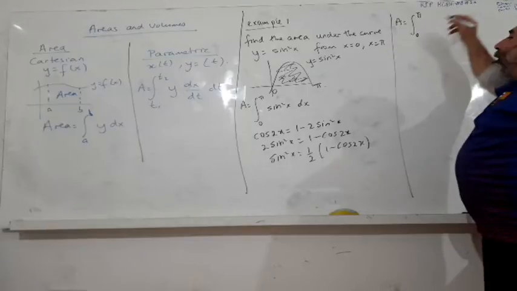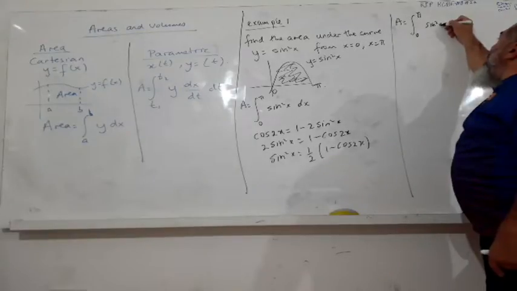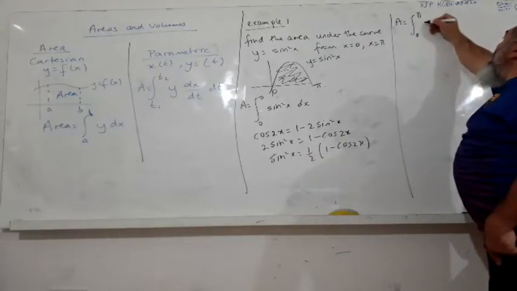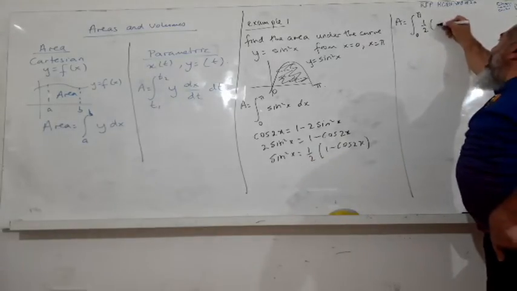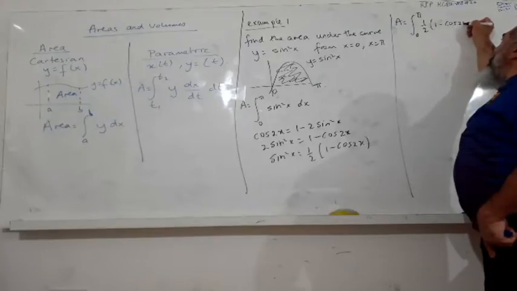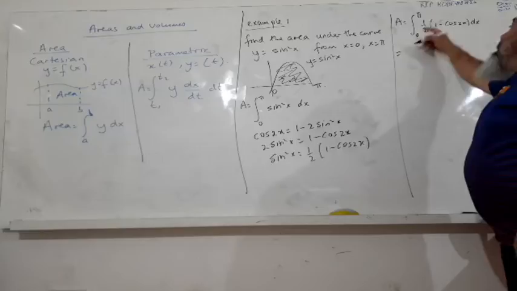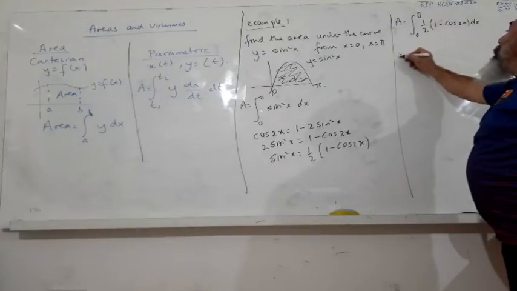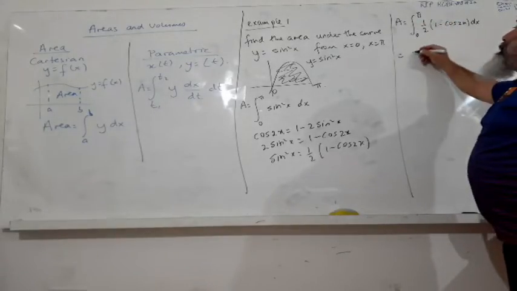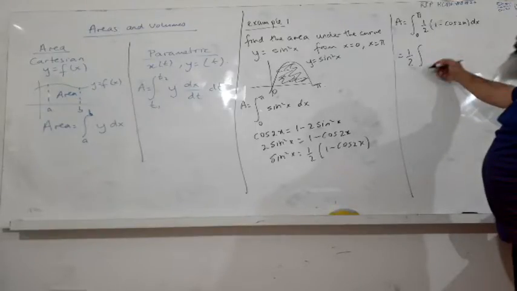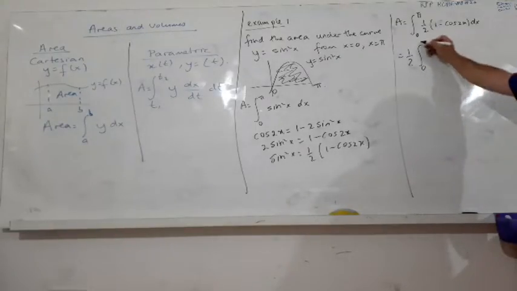Instead of sine square x, I am going to write its equivalent here: 1 minus cosine 2x dx. So take 1 over 2 outside of the integration because it is just a constant there. From 0 to pi, 1 minus cosine 2x dx.